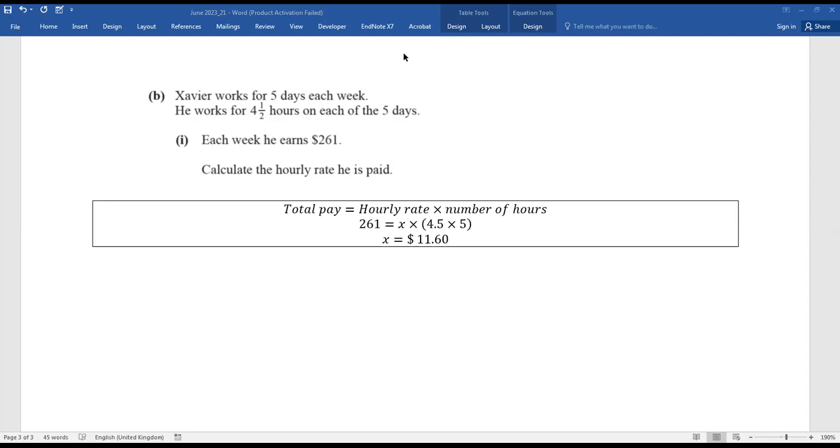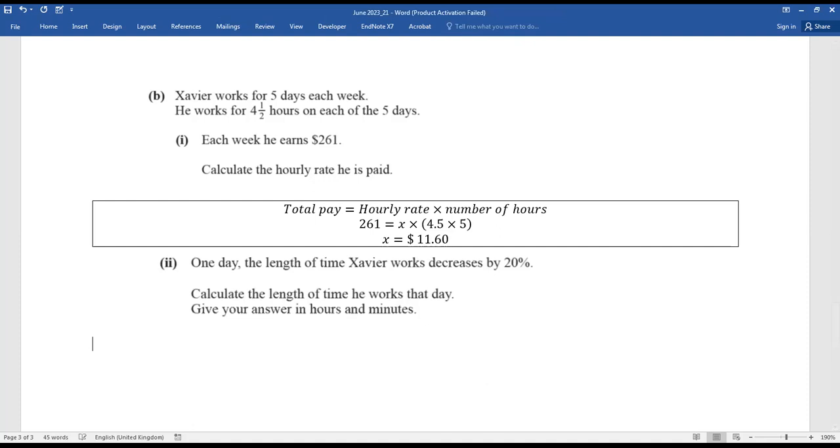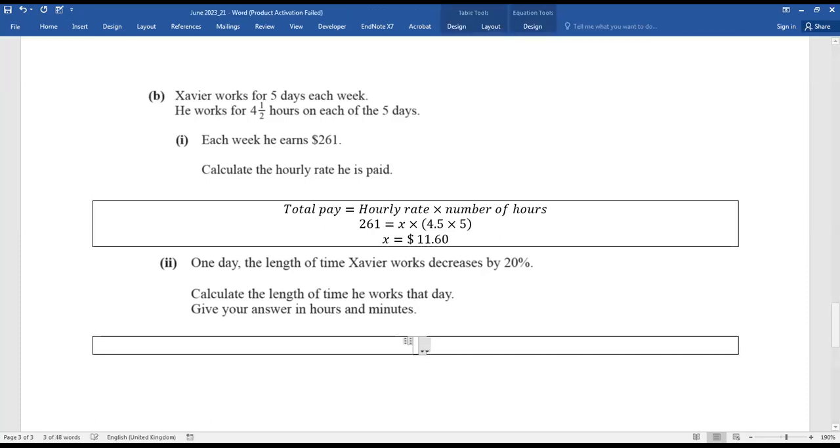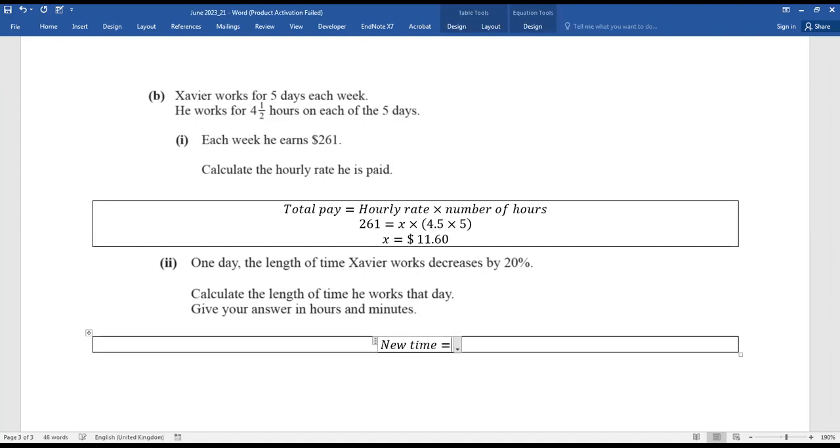Now moving on to the next one. The next part says that on one day the length of time Xavier works decreases by 20%. So if something decreases by 20%, the new time is 80% of the original time.